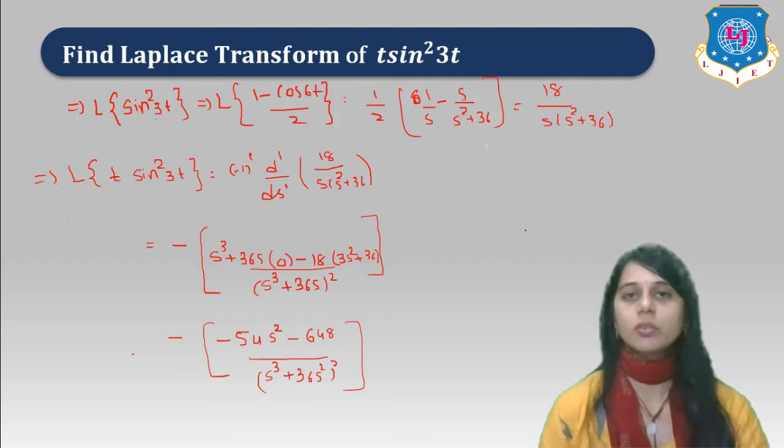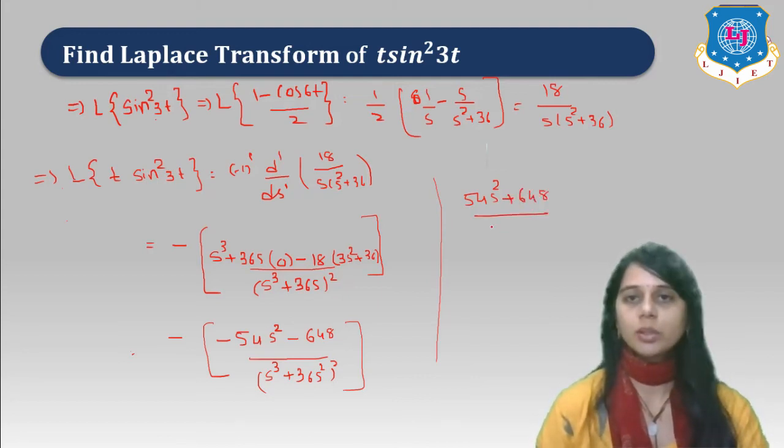Taking minus common, we get as an answer 54s square plus 648 upon (s cube plus 36s) whole square. This is your answer for t sin square 3t.